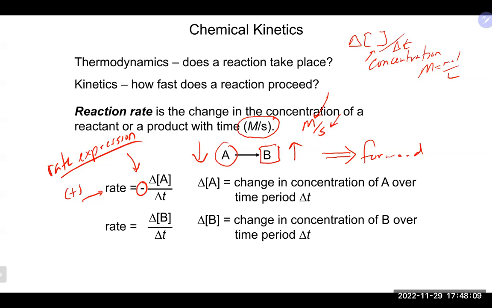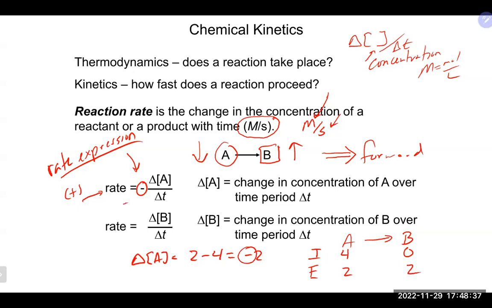Why that's important is, for example, if we simply look at A going to B, and if we initially started out with 4 of A and nothing of B, and as the reaction took place and ended, maybe we had 2 of A left, and maybe we made 2 of B. If we were to do the change in the concentration of A in this case, it would be final minus initial, which would give us a -2.